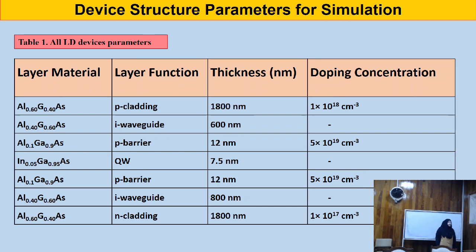Then we have the P-doped barrier, composed of aluminum gallium arsenide with a thickness of 12 nanometers. And then we have the quantum well, composed of indium gallium arsenide, which is 7.5 nanometers. Similarly, we have the N region of the device, that is the N cladding, waveguide, and barrier.